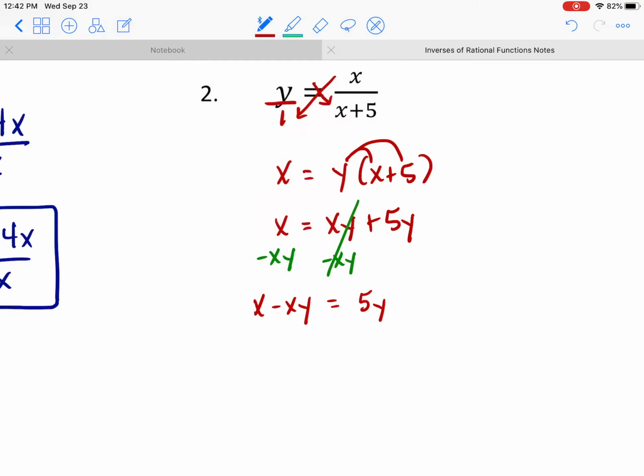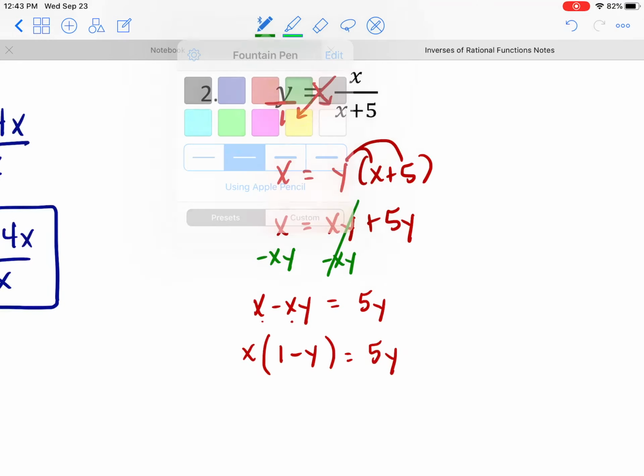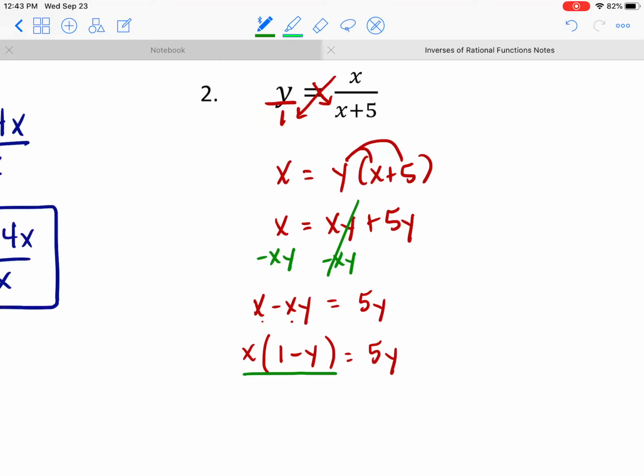Change colors again, see it again. I'm going to factor out the x that these two terms have in common. So if I take away the GCF here of x, I'm going to have a 1 minus y left, and then I still have the 5y on this side. Now, why was it helpful to factor out the x? Well, now I just have that 1x there, and I can get that 1x all by itself. If it's being multiplied by 1 minus y, to get rid of that multiplication, I can divide.